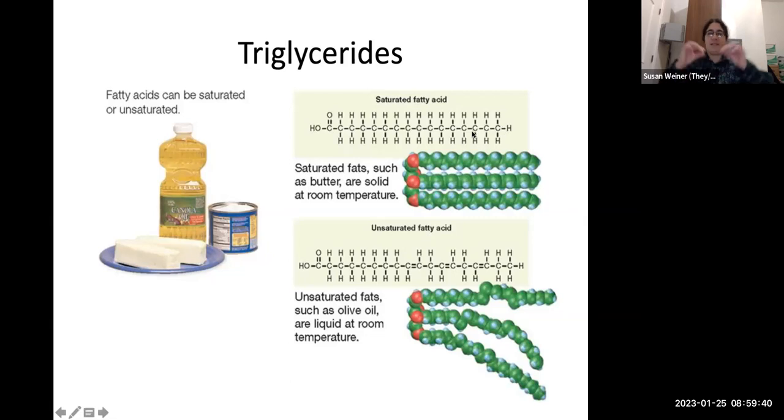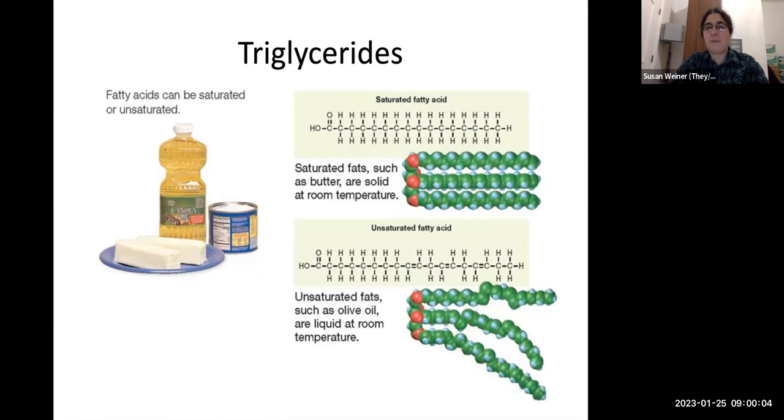And that means they make these nice long straight lines. An unsaturated fatty acid has one or more double bonds. One we call a monounsaturated fatty acid, more than one we call a polyunsaturated fatty acid. And that means that the tails go at these funny angles.